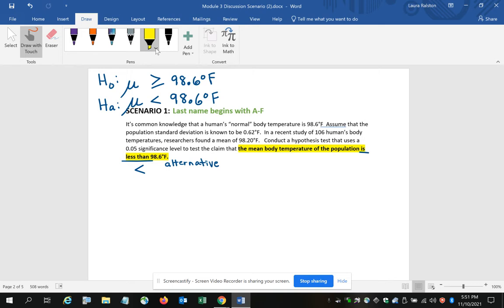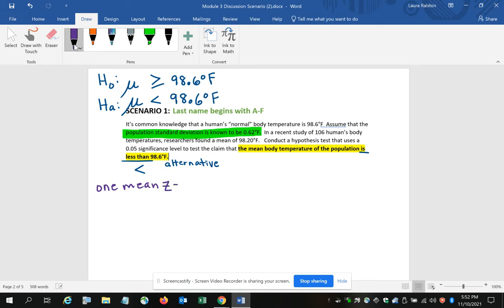Well, again, if I think back to reading this problem, I notice in the second sentence it tells me that the population standard deviation is 0.62 degrees Fahrenheit. So based on that fact, I know that I'm going to do a one mean. I'm using one mean because I only have information about one thing, which is the body temperature.